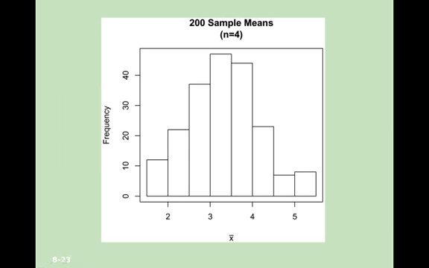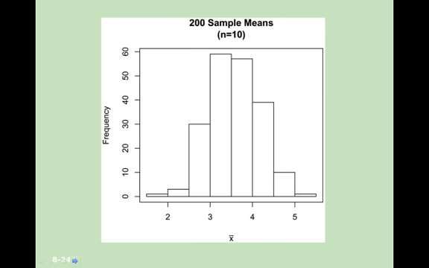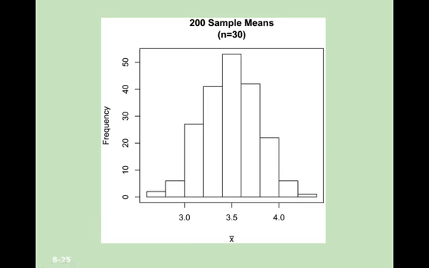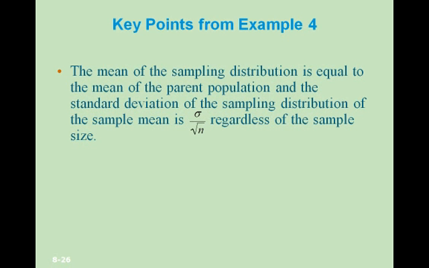This histogram graphs our 200 sample means for a sample size of n equal 4. And this one is for a sample size of n equal 10. And here is our picture for n equal 30. Notice that the mean of the sampling distribution is equal to the mean of the parent population, and the standard deviation of the sampling distribution of the sample mean is sigma over the square root of n, regardless of the sample size.